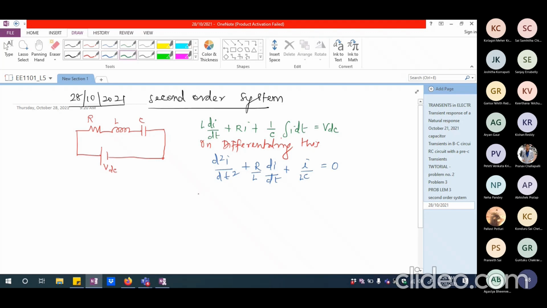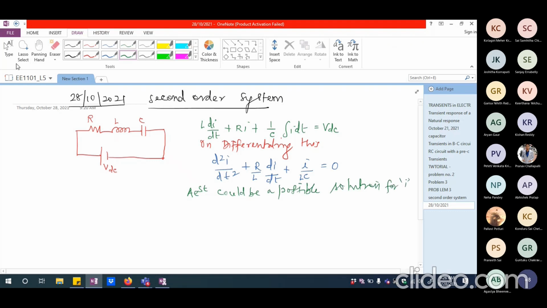So the possible solution could be A times e power st. So this could be a possible solution for i. That's what we said.